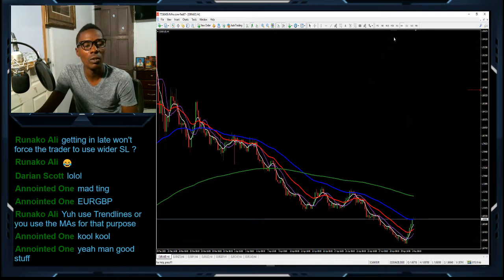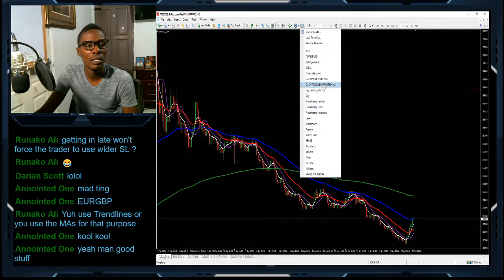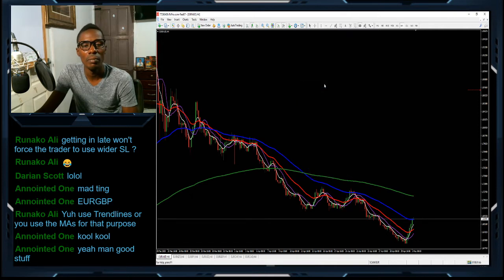We have euro, and this is a naked chart, right? No pivot points, no stuff. We're in a waterslide, right? And let us just change, just a minute. Let us use the template.